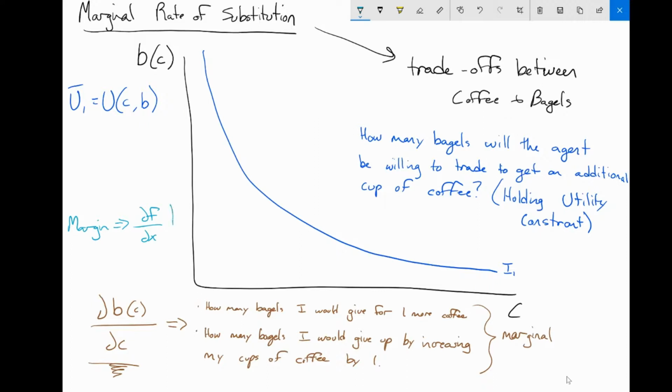All right, so just keep that in mind. All right, so this relationship, the derivative of bagels with respect to coffee, is going to be the marginal rate of substitution. Let's go back to the board. It's the marginal rate of substitution.